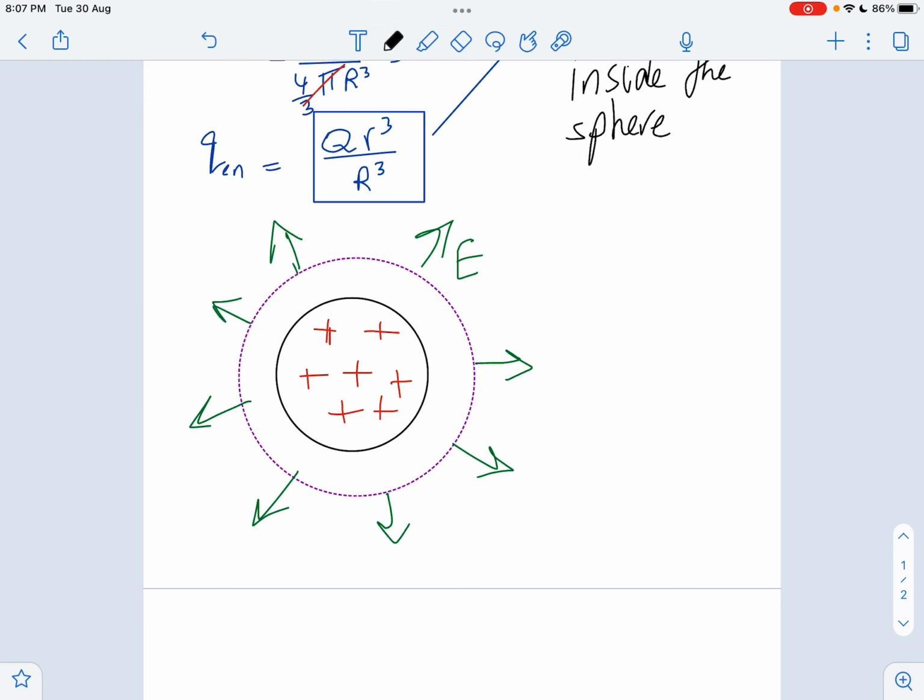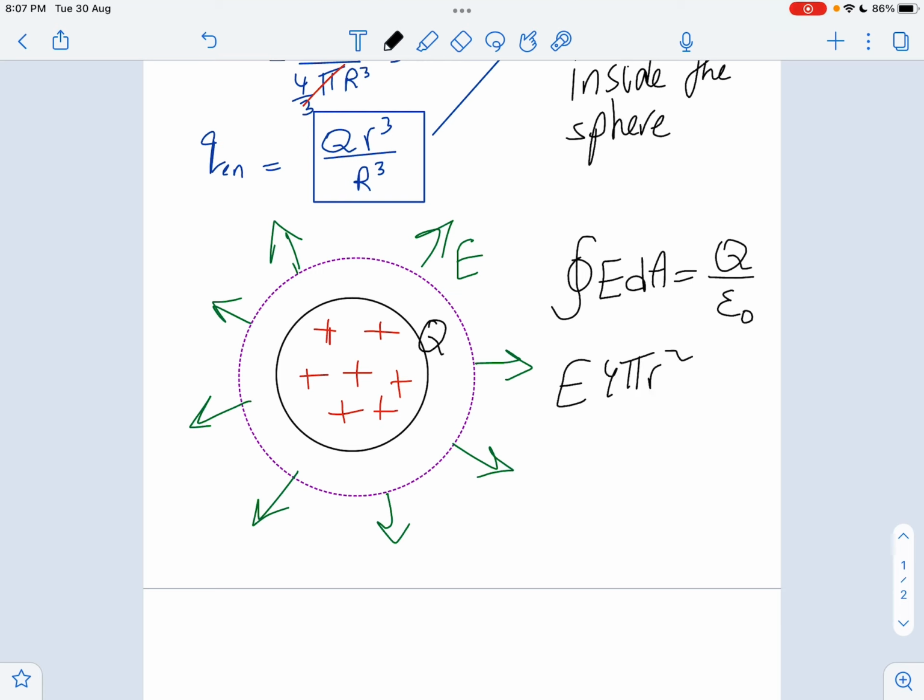So Gauss's law, the closed integral of E dot dA is the Q enclosed. Now the Q enclosed is simply the total charge Q, because the whole charge is enclosed in the Gaussian surface, over epsilon 0. So E multiplied by 4 pi, again r squared.